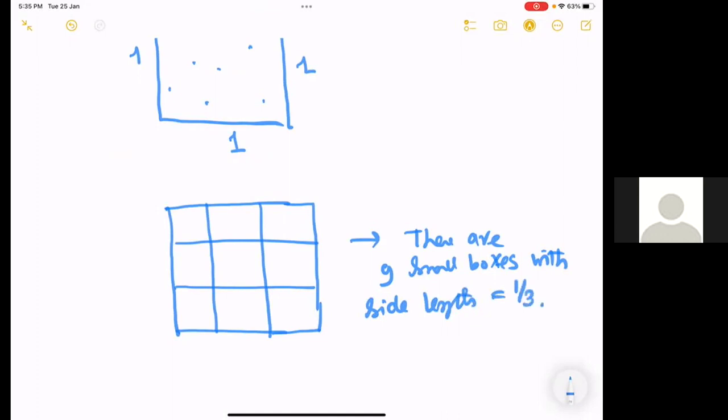With this picture, can someone solve the problem? Yes, sir. Any 10 points will belong to the same box in 2 boxes, and the maximum distance within a box is less than 0.48. Yes.